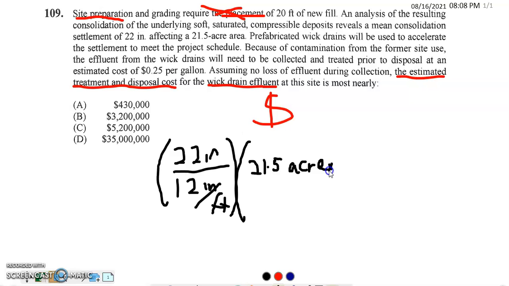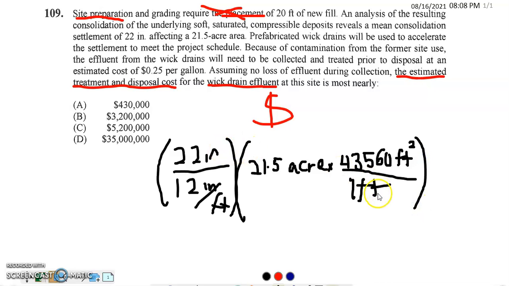So times 43,560 square feet over 1 acre. Oh, I said feet, it should be 1 acre.